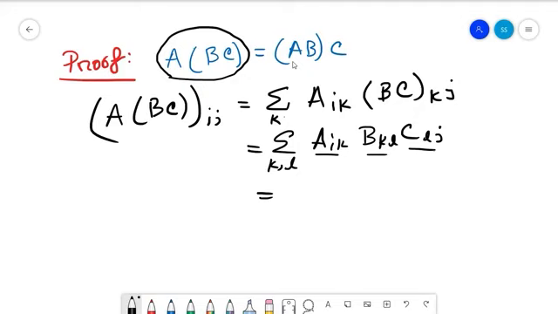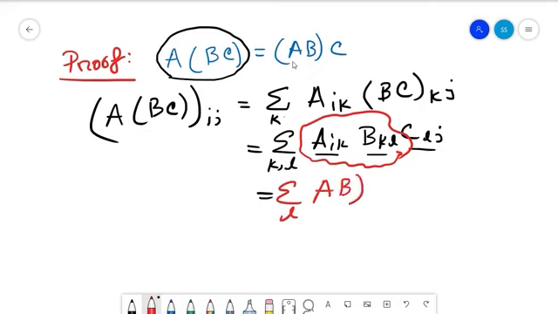So I can now write this in the following way. That is, I want to sum over this k first, and then I want to sum over l, because addition is commutative. So in whichever order you work, it doesn't matter. So that's the advantage of this addition. So let's sum over these k indices. If you do that, only the l index remains, and you will have (AB) of il, right?